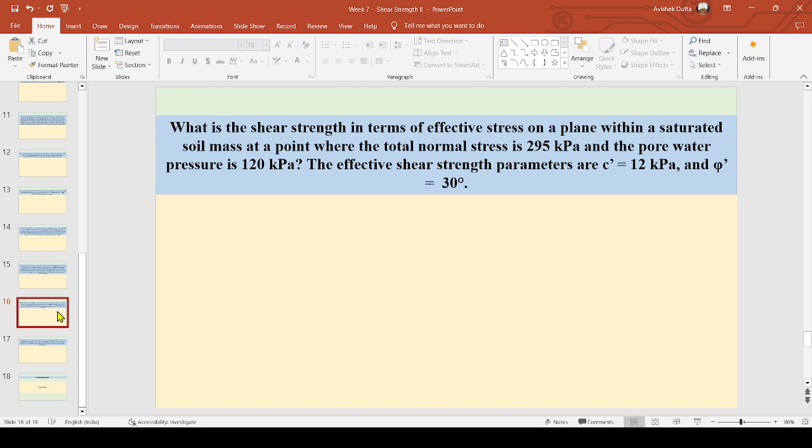Normal stress is 295 kilopascal and the pore water pressure is 120. c dash, that is the effective cohesion, is 12 kilopascal and effective friction angle is 30 degree. I believe this question is self-explanatory. What is the shear strength in terms of effective stress on a plane in a saturated soil mass? I hope the question is clear. I'll go to the next question.